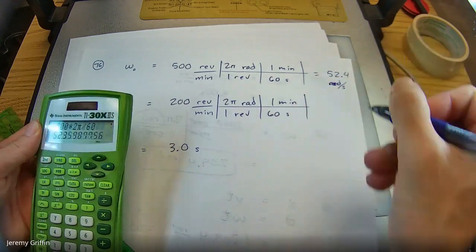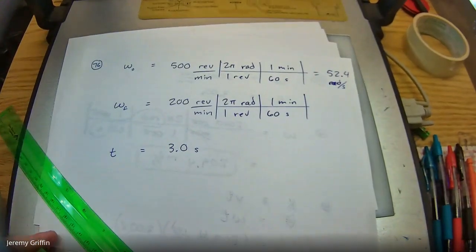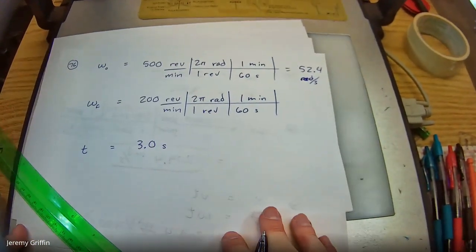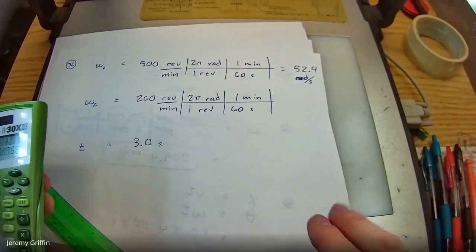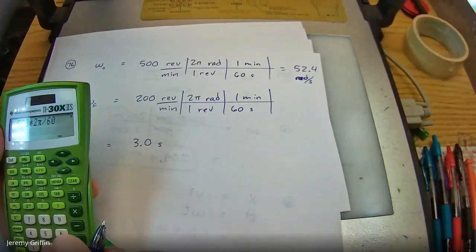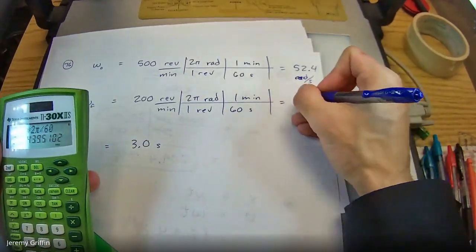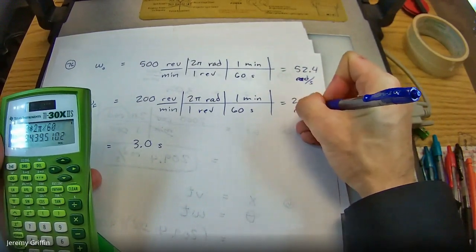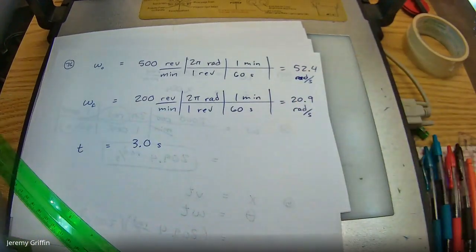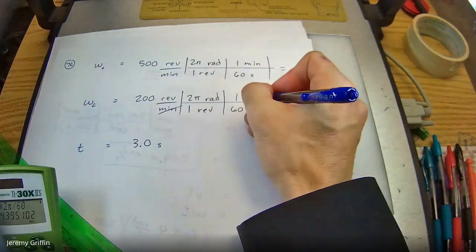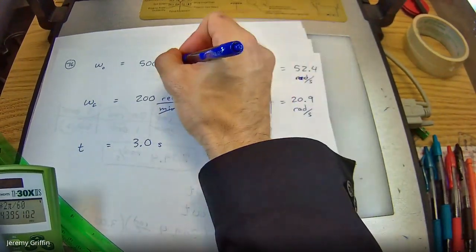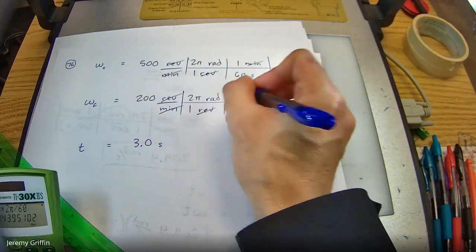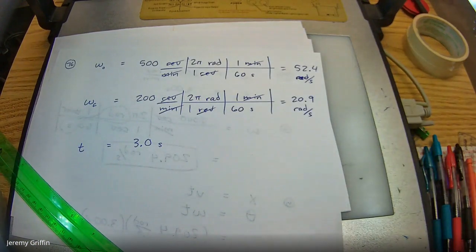Mr. Griffin, can you zoom in on it? Okay. And then it ends up at 20.9 radians per second. Okay.